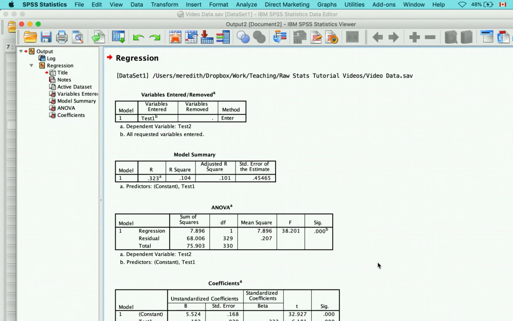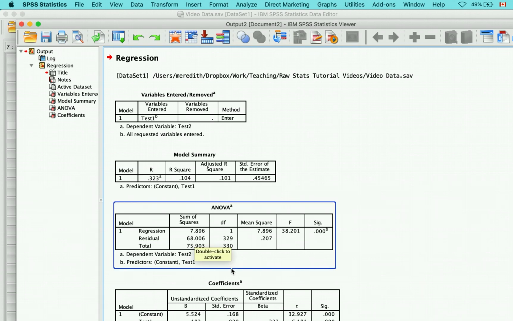And if you recall in class, we saw that this here represents how much variance is being explained by the regression line. This is how much error there is around the regression line. And then this is kind of the total amount of error in our data.